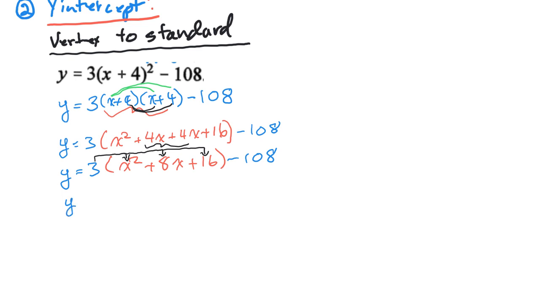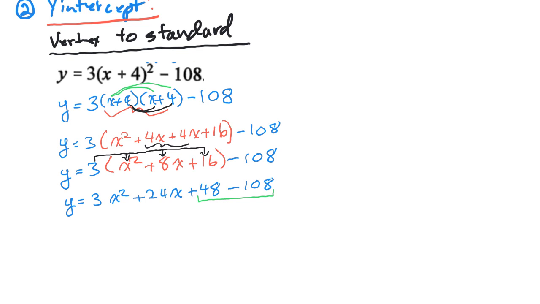So we end up with y is equal to 3 times x squared, which is 3x squared. And then 3 times 8x is going to be 24x. And then 3 times 16 is going to be 48. And then minus 48.